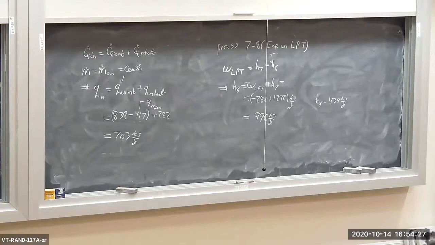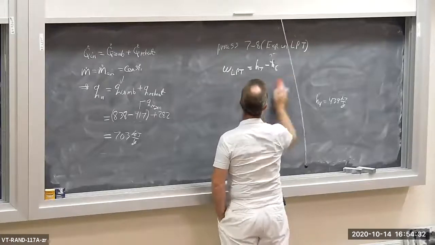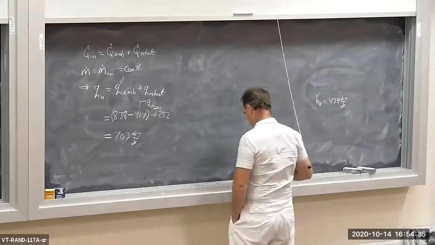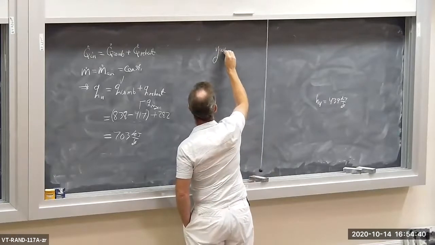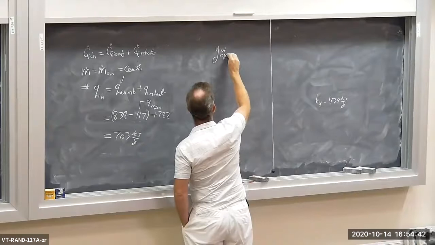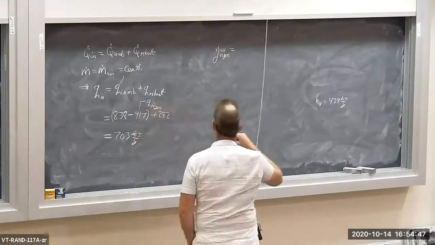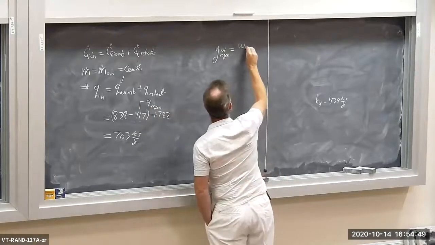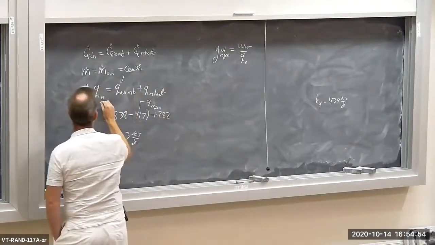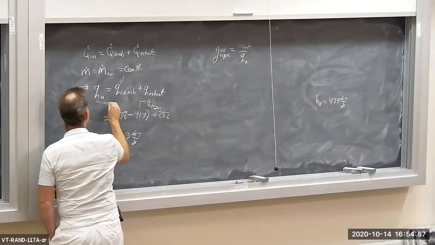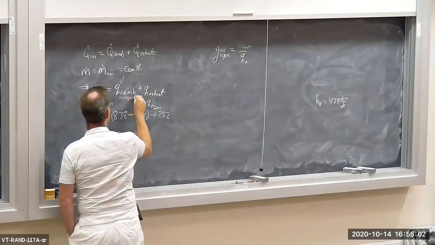Let's calculate the efficiency with the regenerator. So eta, with regeneration, is going to be the net work, 282, so W net divided by Q in, and this Q in is now with regen.